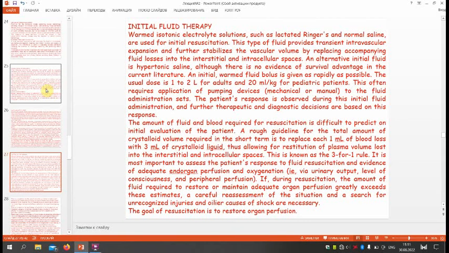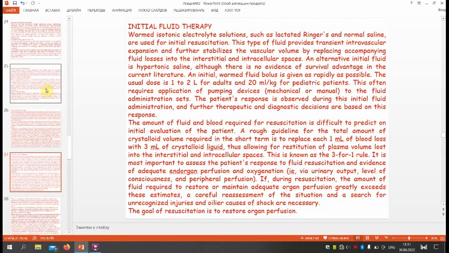A rough guideline for the total amount of crystalloid volume required in the short term is to replace each 1 ml of blood loss with 3 ml of crystalloid fluid, thus allowing for restitution of plasma volume lost into the interstitial and intracellular spaces. This is known as the 3-for-1 rule.